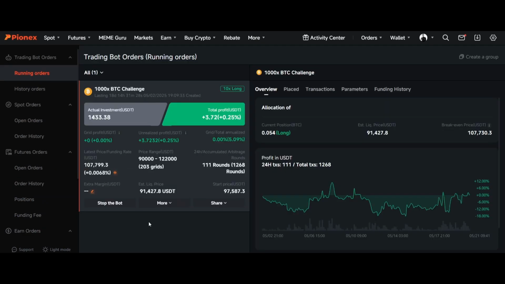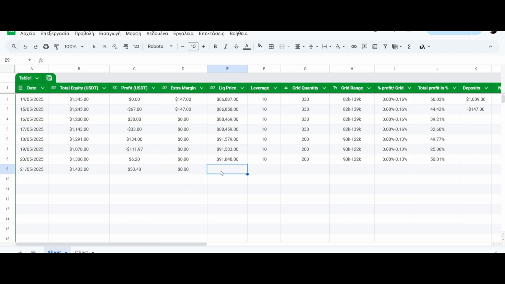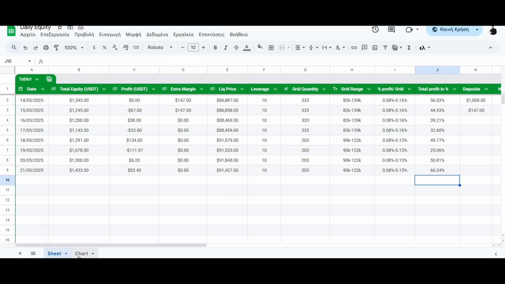Liquidation price 91,427. And we're almost 66%, 67% profit. Okay, so far. That's it for the daily equity.